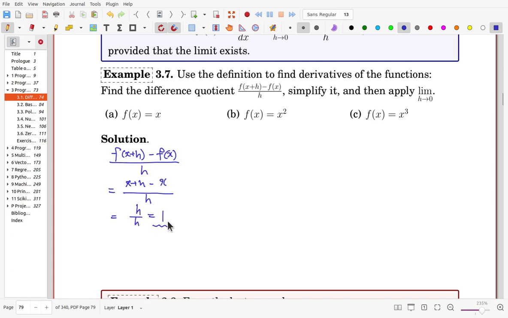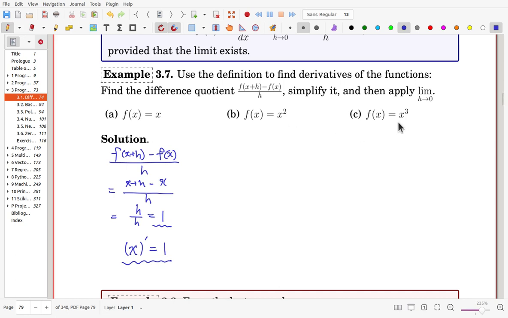For every h it is 1, so if you are taking the limit, then the value must be 1, which means that for this function, f of x is x, the derivative is always 1 for every x, right?